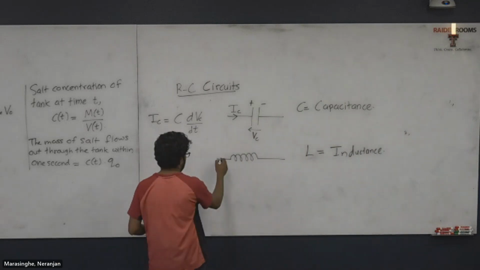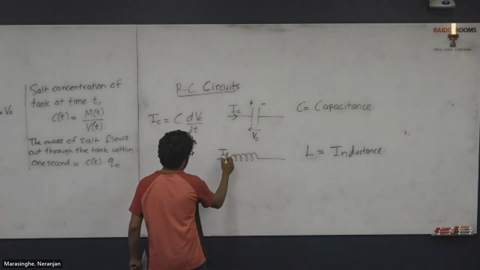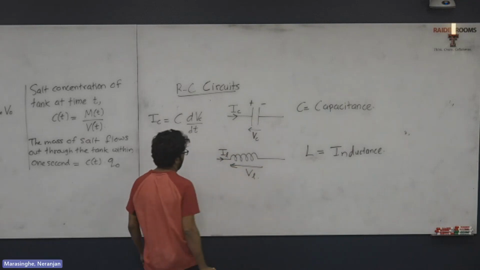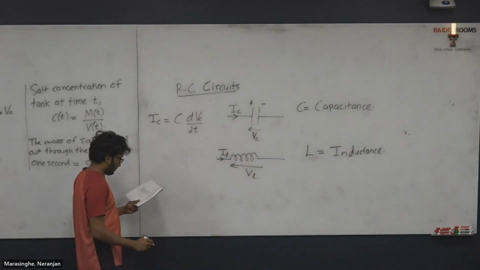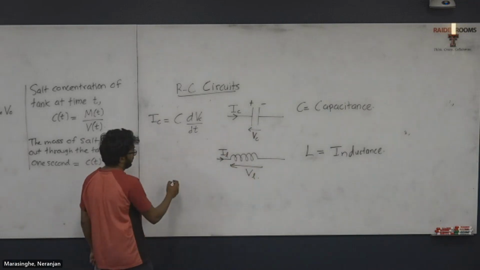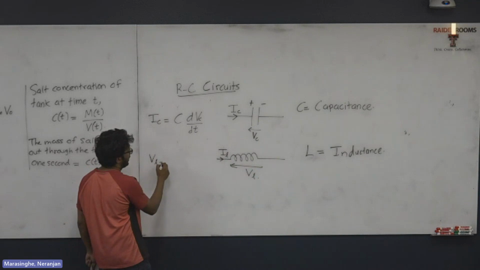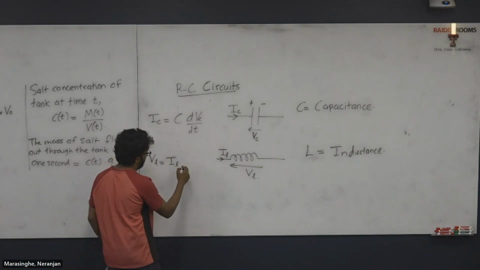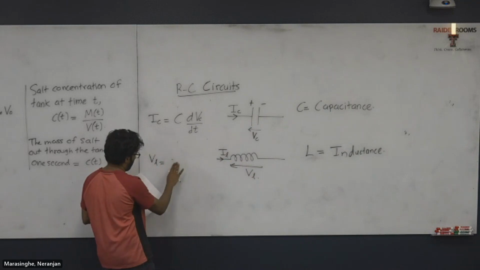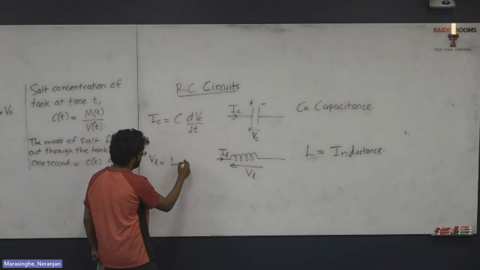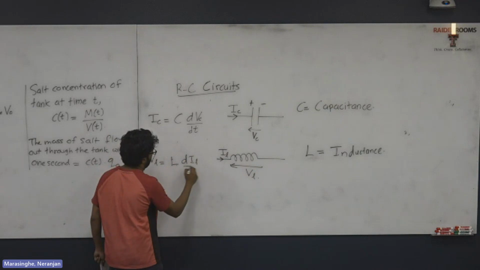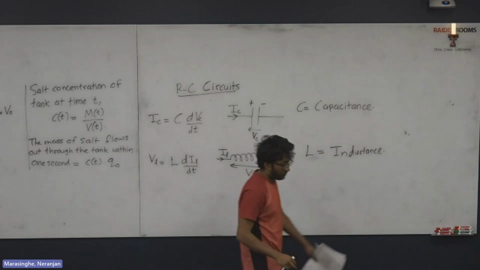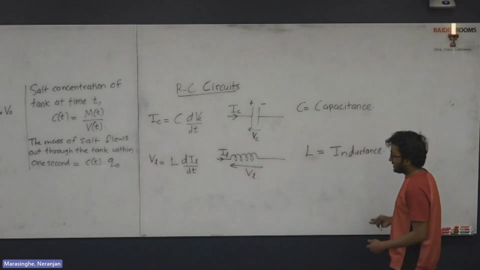Suppose current flows, then voltage would build up. VL is going to be equal to L times the rate of change of current. The resistor is easiest.